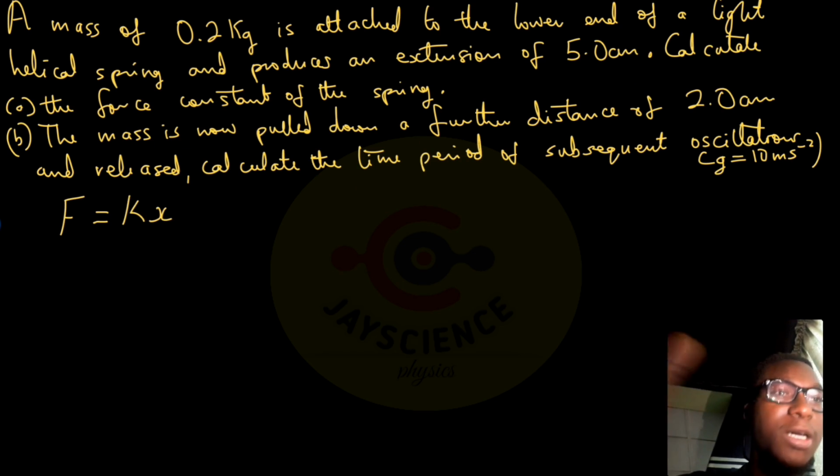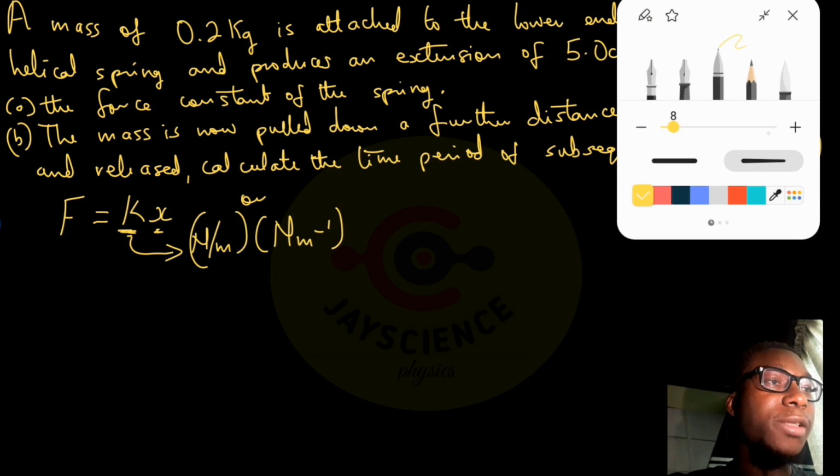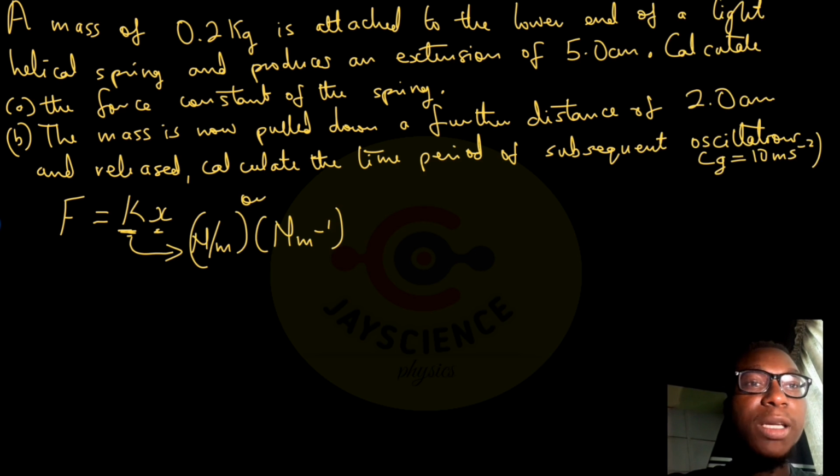K is in Newton per meter. In case you come across a question that gives you the spring constant, it will be in Newton per meter. From Newton's second law, we have F equals mg, where m is the mass.